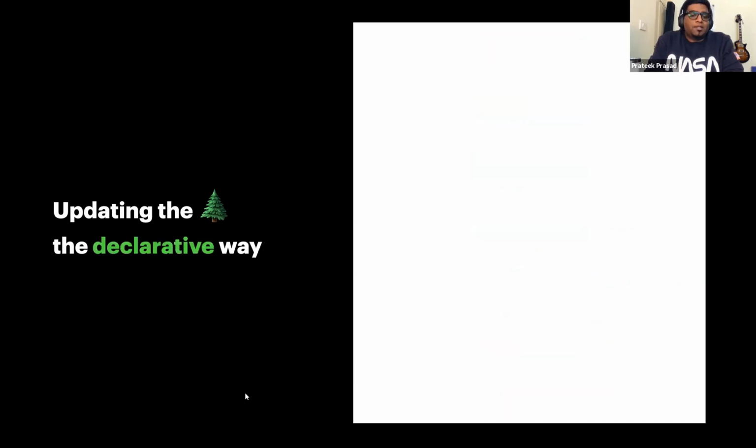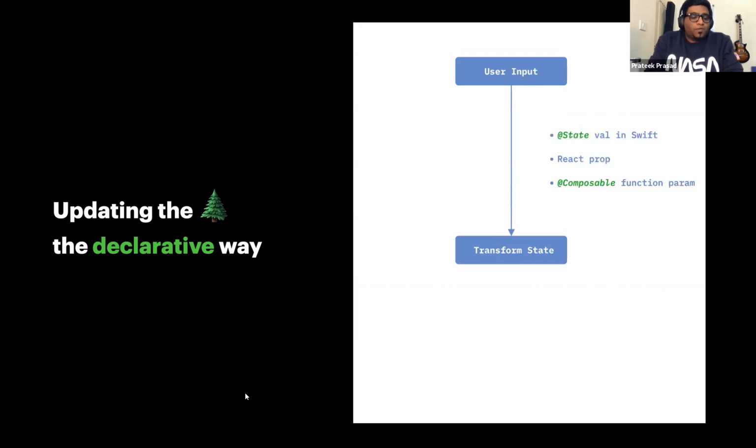But when you compare this to how we would update a UI tree in declarative UI, user input would transform the backing state of the app, and this state can be a state property in Swift, a React prop, or a composable function param. This transformation would emit a new tree entirely.